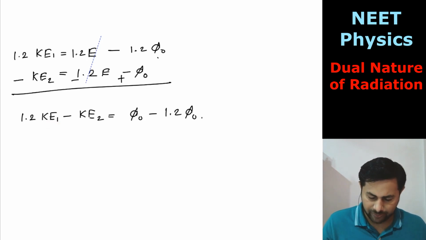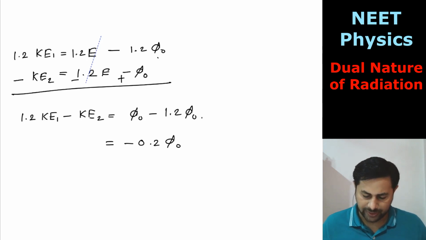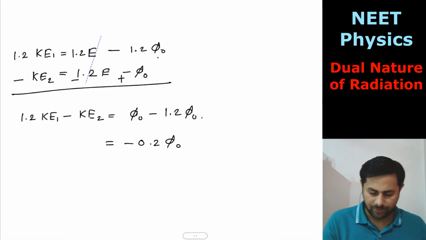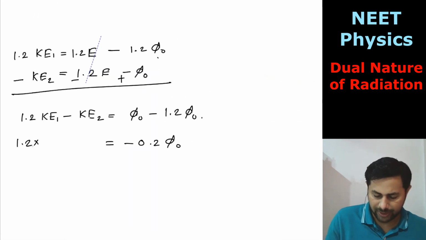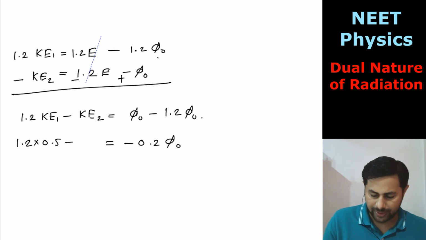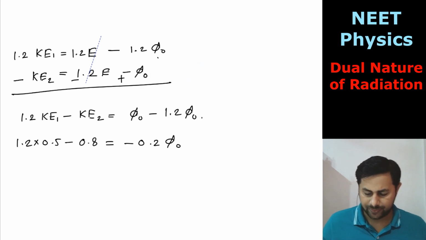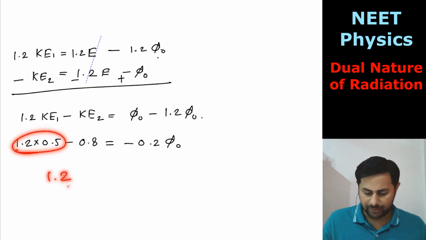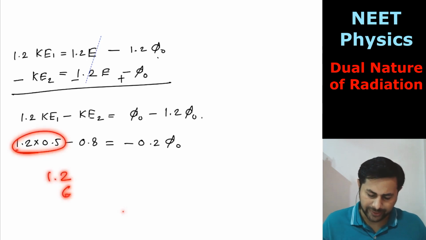So this will become minus 0.2 phi naught is equal to, what is Ke1? It is 0.5, and Ke2 is 0.8. 1.2 multiplied by 0.5 minus 0.8. 1.2 times 0.5 is 0.6.